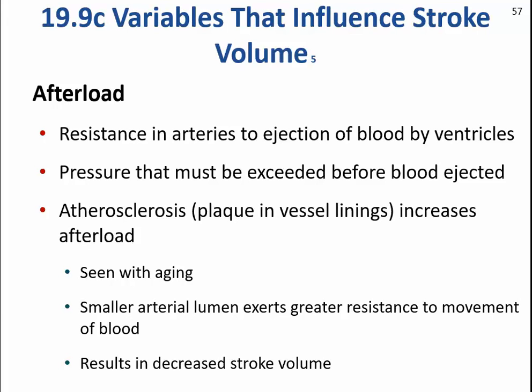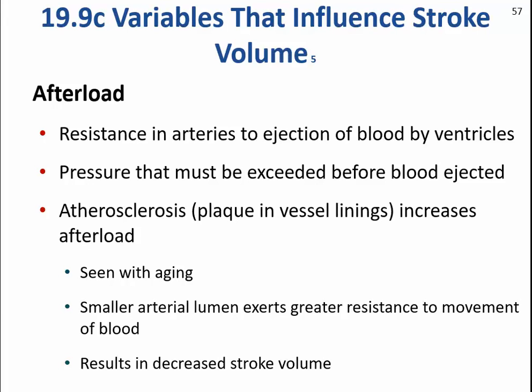And when you're doing that, you move a lot of air into the tire. But as the tire fills with air and the pressure increases, it's harder and harder to push the air into the tire. And you have to increase contractility to move more air into the tire. That's the afterload.